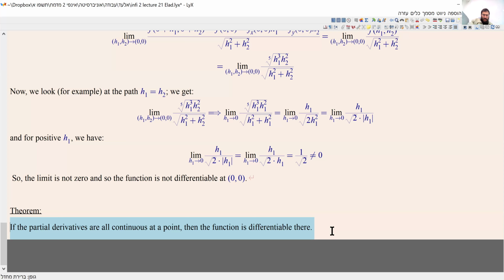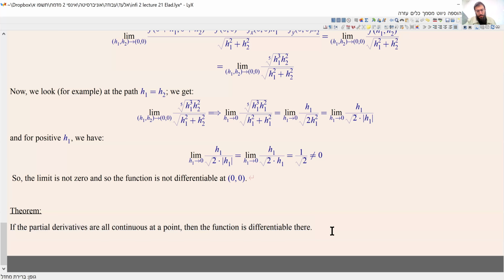On the other hand, if the function is differentiable, then it is continuous, and the partial derivatives are not necessarily continuous, as we mentioned, but do exist.